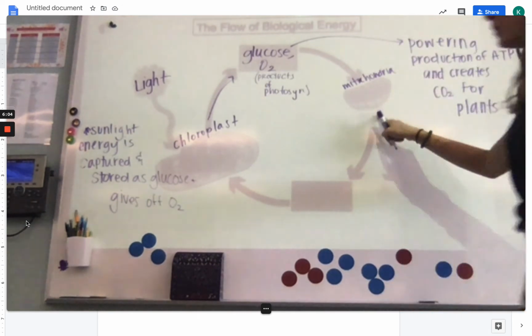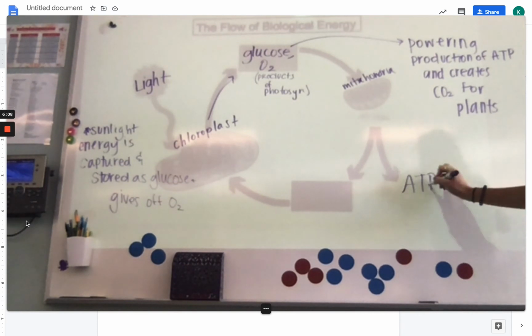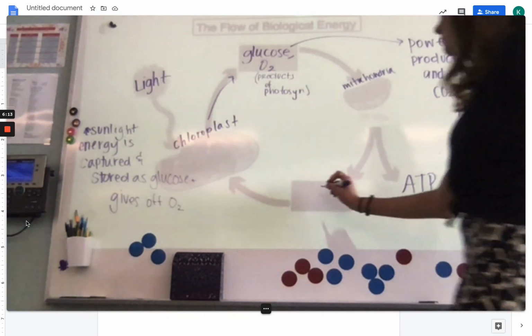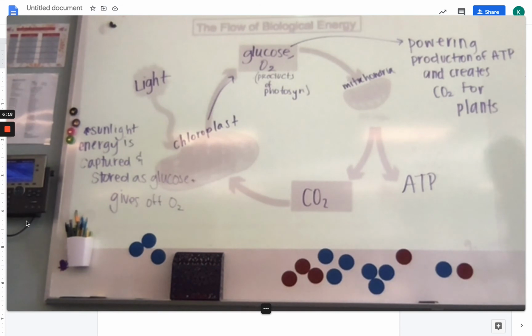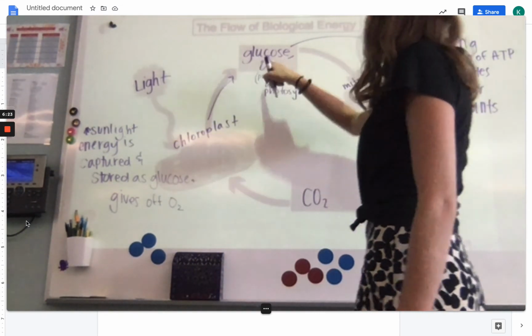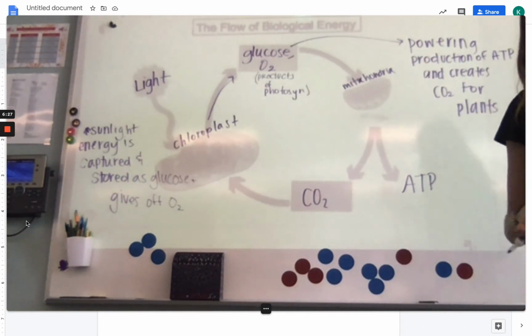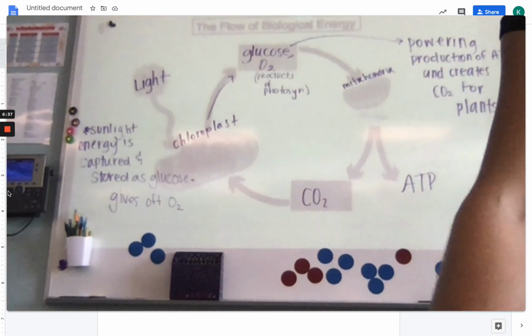And we know that through cellular respiration, our mitochondria is creating ATP for our body, which is adenosine triphosphate. It's making ATP, and it's also making CO2, which is then used in the chloroplast when it takes in light to make glucose, which goes to the mitochondria to make ATP, gives off CO2, and again the cycle happens again and again and again. Okay, so this is how cellular respiration and photosynthesis play a role with one another.